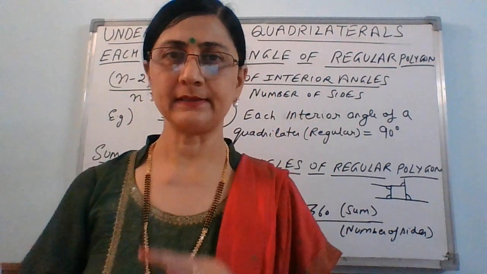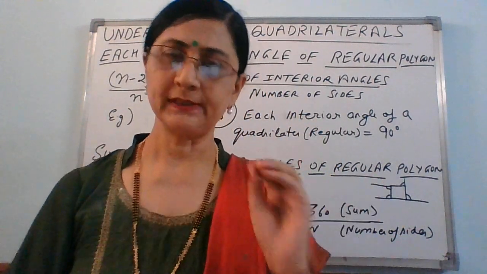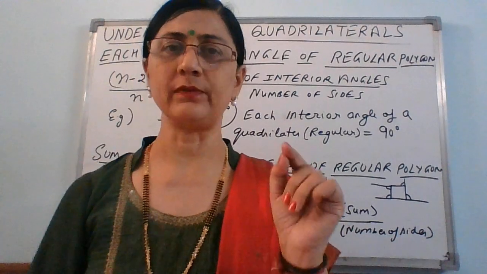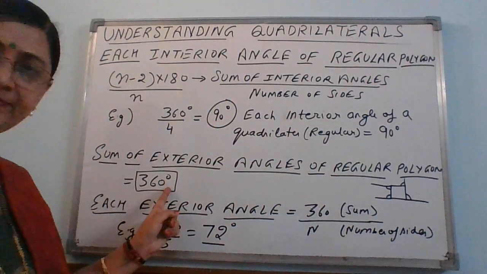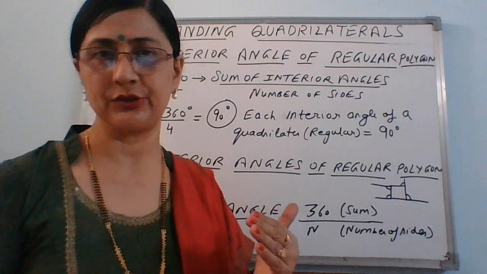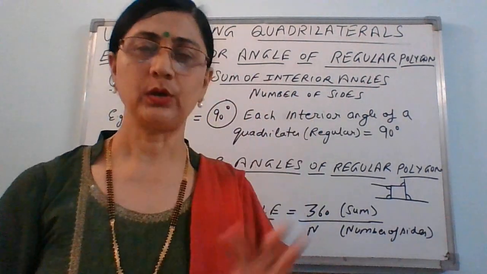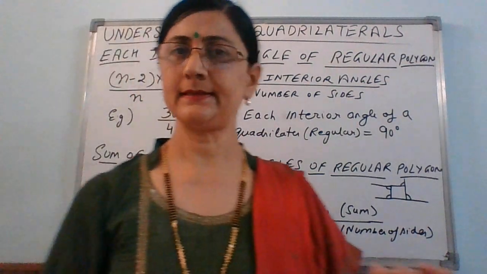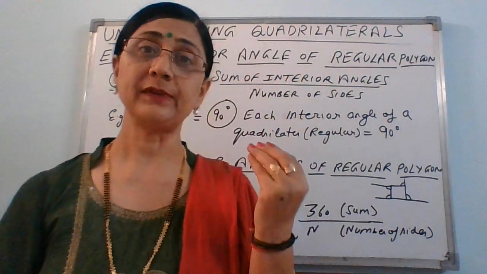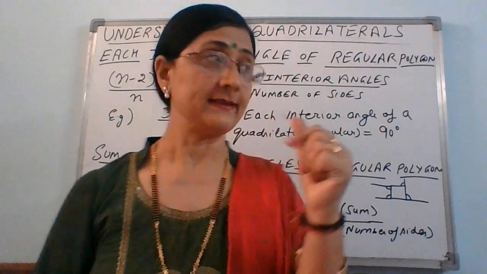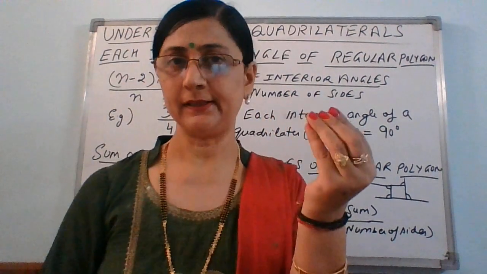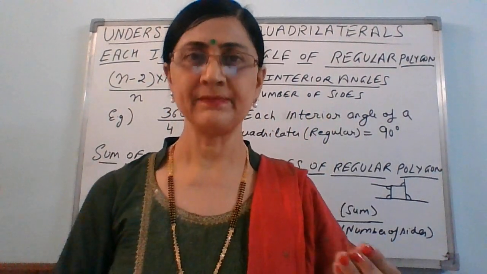Sum of exterior angles सबका चाहे कोई भी figure हो, कितनी भी साइड हो, उसके sum of exterior is always 360. That is a fixed number, right? आपको कोई calculate नहीं करना सबके लिए individually, उसका sum exterior का 360 है. चलो, this you know that all the sum of the exterior angle is 360 degree. Now if you have to find individual exterior angle, जैसे हमने individual each interior निकाला, अब आप each exterior भी चाहेंगे, right?